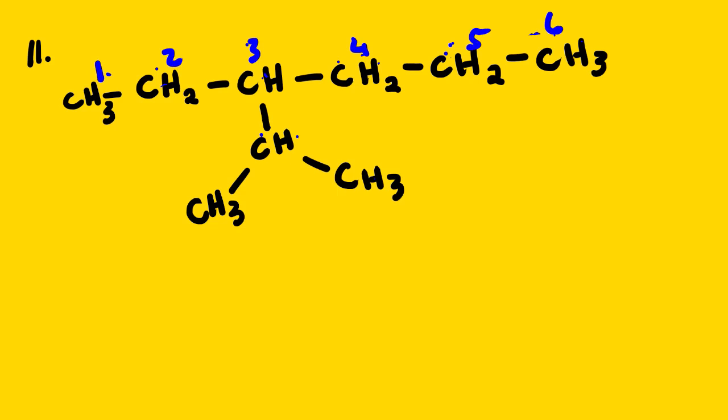Then carbon number 3, that is where we have our substituent, and you have to identify this. This is isopropyl. So we have 3-isopropyl, and then the parent chain is 6 carbons.